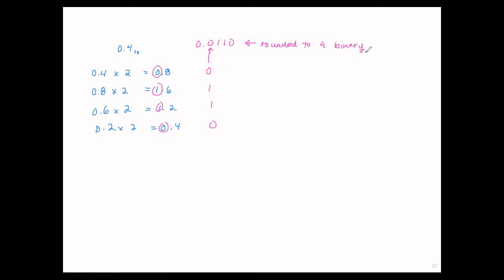I said, we want to go to 4 places. I'm going to go to the first 4 and then stop. That's often going to be the computer application, especially because the way a computer handles decimals, they don't actually look like this. You don't have binary places. You're going to use a different system. So some of this becomes moot.